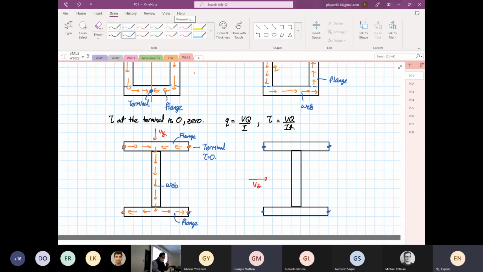Okay, I want you to see this. So again, we label this as our web. This is our web. Now this is our flange. Okay. So now our shear flow will go this direction.